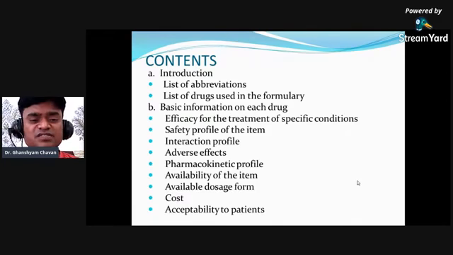Now, next is availability of dosage form. Yes, a specific dosage form needs to be available for the specific drugs. If you want the drug in controlled release form, and if it is not available, there is no use. So that drug needs to be available in our formulary. You should add that drug.